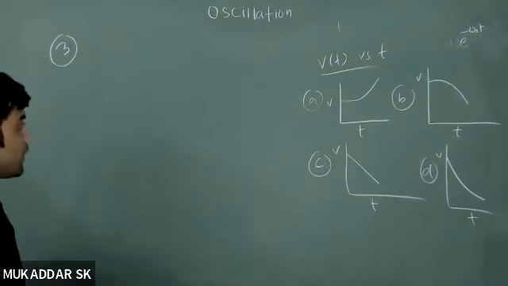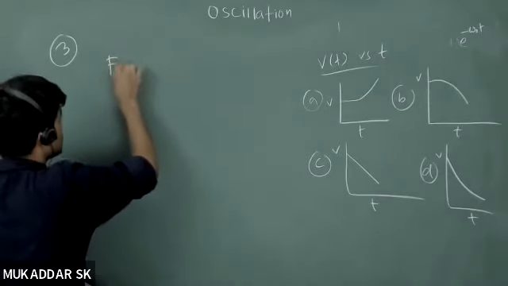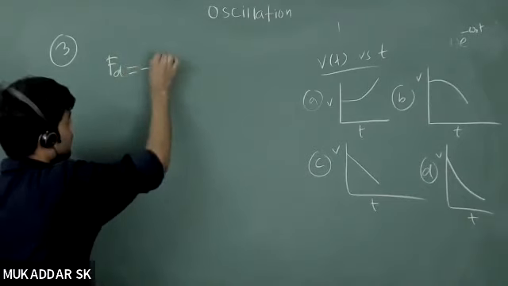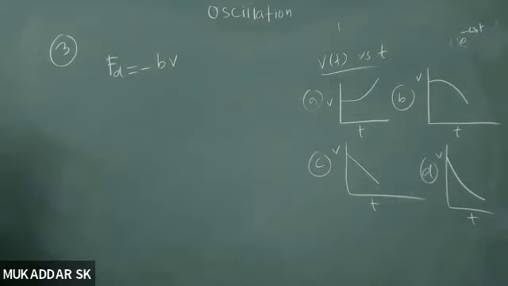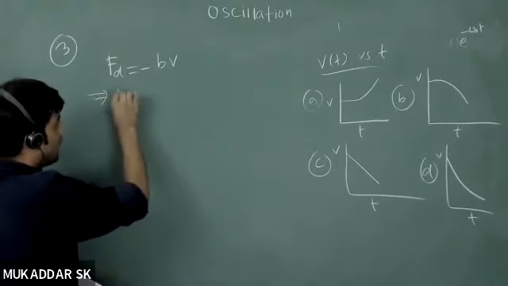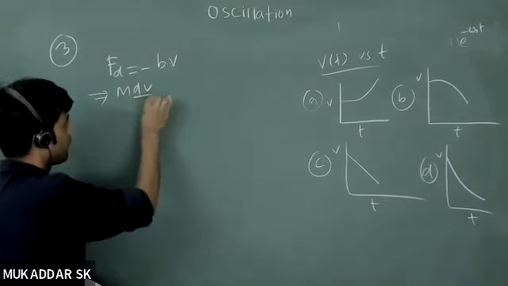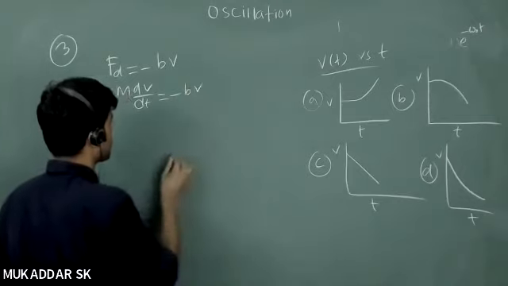So the particle is only experiencing damping force, right? And you know the damping force is basically F_D equals minus bv, right? And you know force is nothing but m dv by dt, and that should equal minus bv.